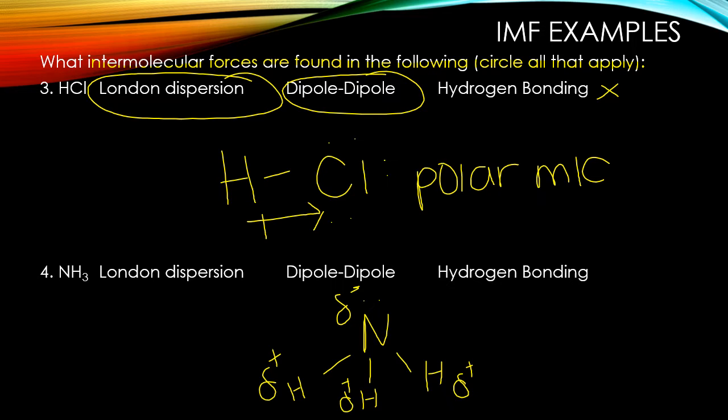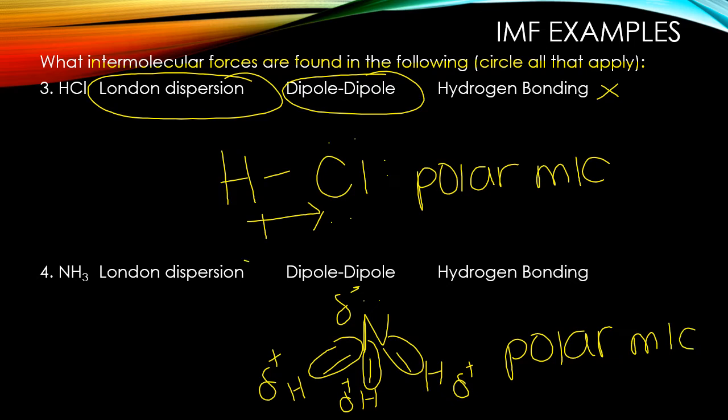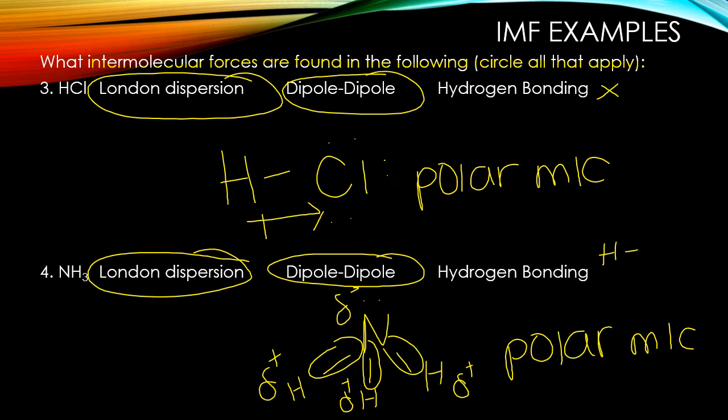They don't cancel out because they're all being pushed down versus a trigonal planar where they do cancel out, and there's that lone pair on the center atom, so it is a polar molecule. And it's got London dispersion, dipole-dipole, and the rule for hydrogen bonding, you have H connected to O, N, or F. And right here we have N and H, so it has hydrogen bonding, all 3.